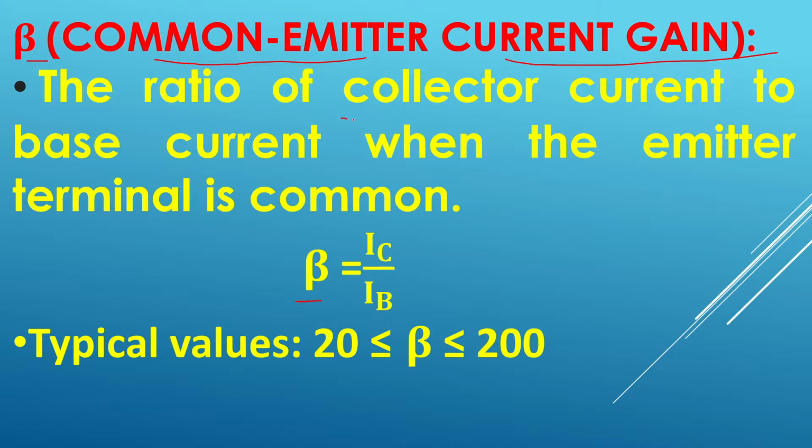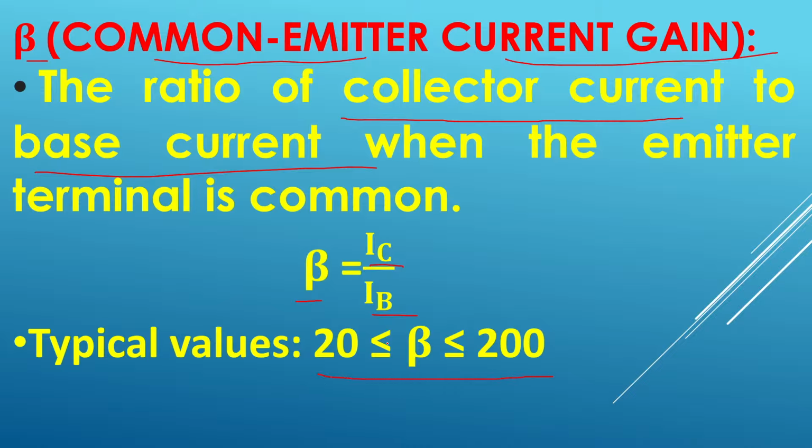Beta is given as the ratio of collector current to the base current. This beta value usually varies from 20 to 200.